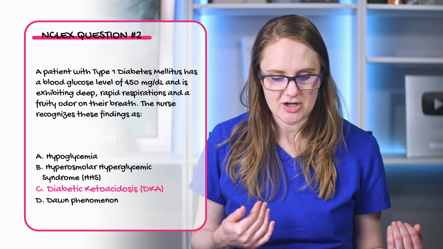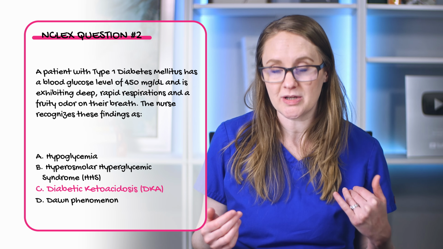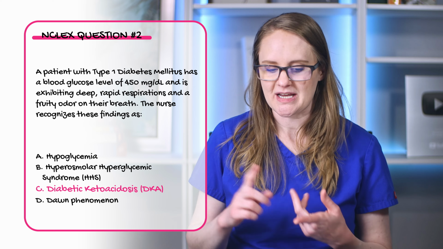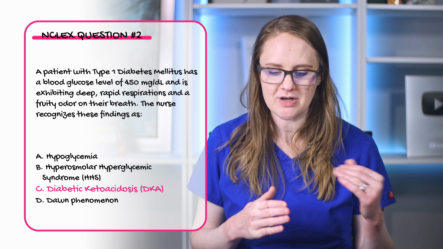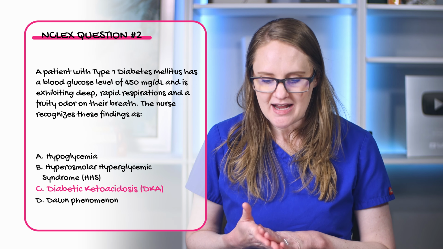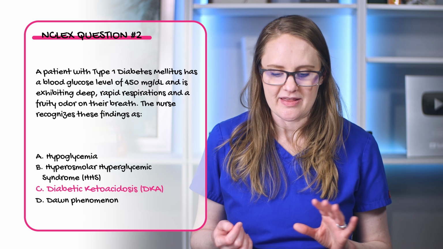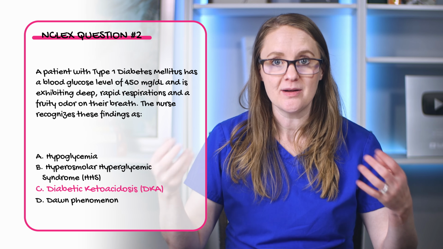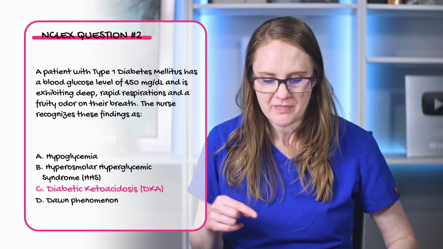Now, answer A, hypoglycemia, is incorrect because hypoglycemia is characterized by a low blood glucose level and symptoms like sweating, tremors, or confusion. Hyperosmolar hyperglycemic syndrome, HHS, typically occurs in type 2 diabetes, and that involves very high blood glucose level without significant ketone production.